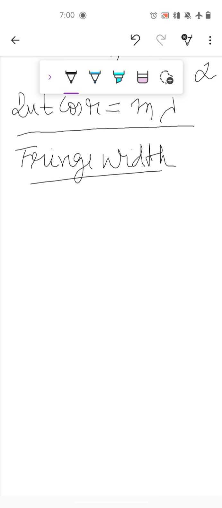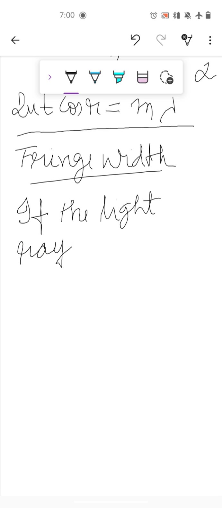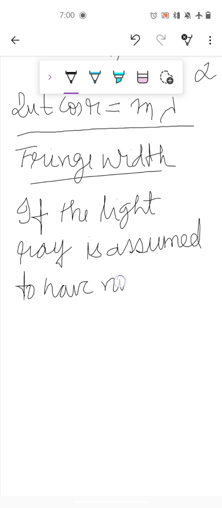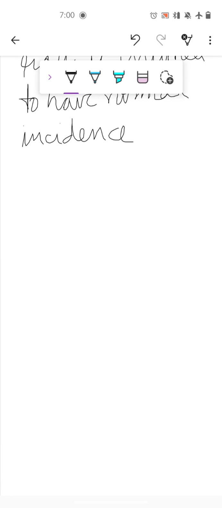For calculation of fringe width, the first thing is that the light ray is assumed to have normal incidence. So in case of normal incidence, cos r will be equal to 1.